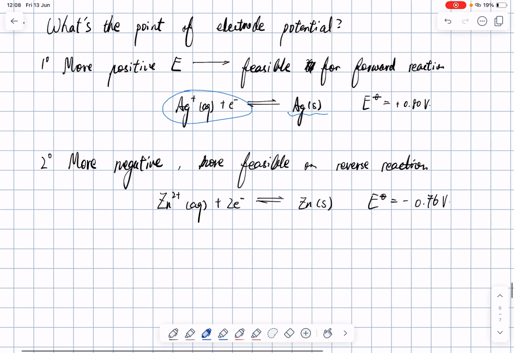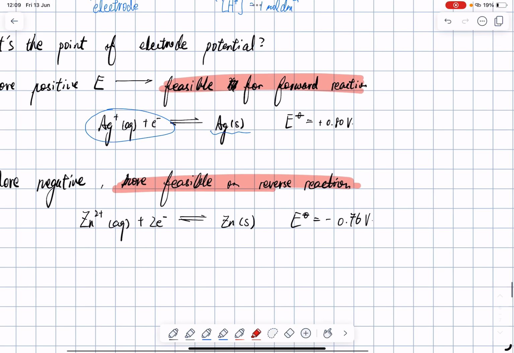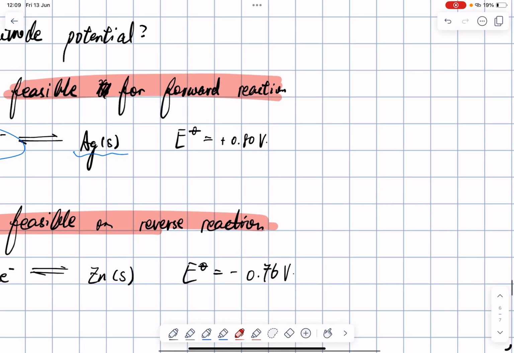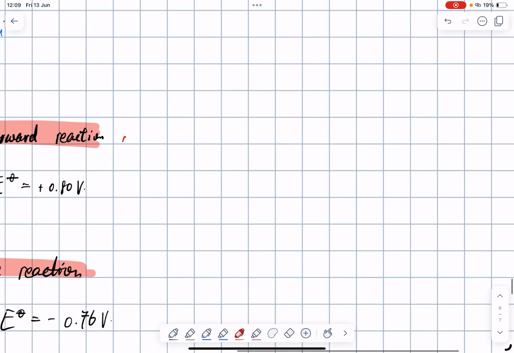Okay, as we got the statement here, it says more feasible on the reverse reaction or more feasible for the forward reaction. We know that the forward reaction is always reduction, which means if E is positive, it's easier to reduce ions on the left.